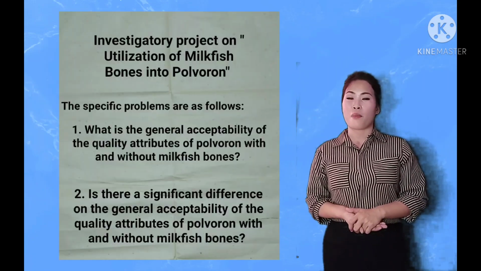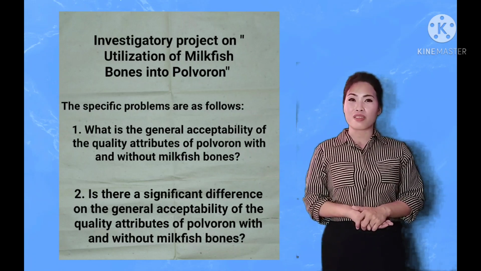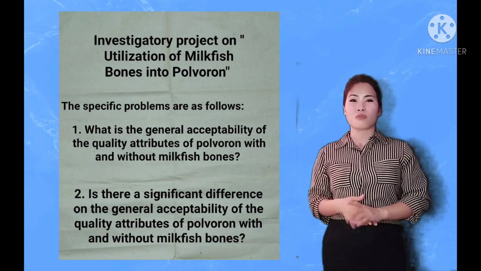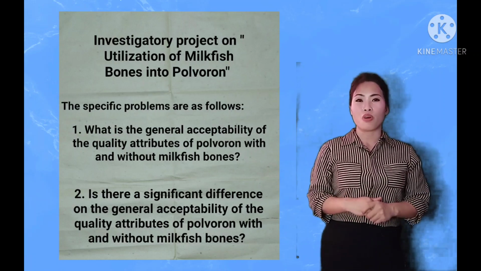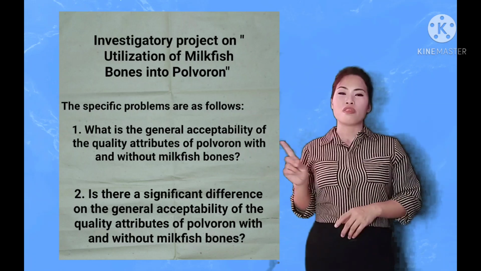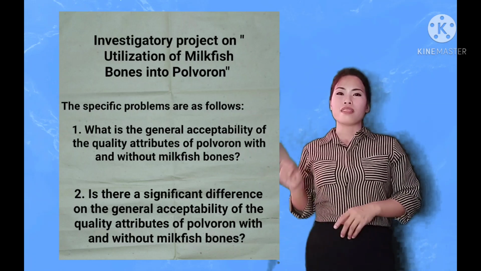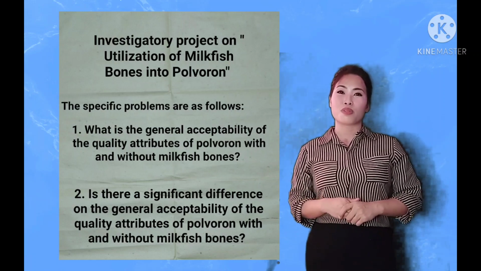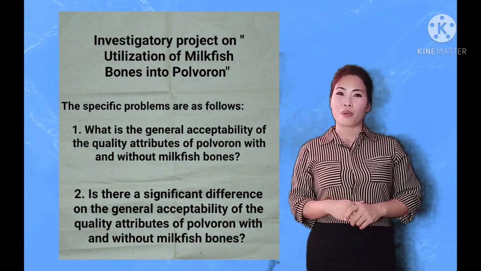For instance, the project is about the investigation of the utilization of milkfish bones in polvoron. So now we came up with 2 research problems. The first problem is, what is the general acceptability of the quality attributes of polvoron with and without milkfish bones?